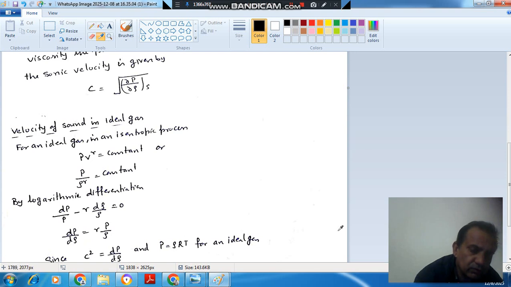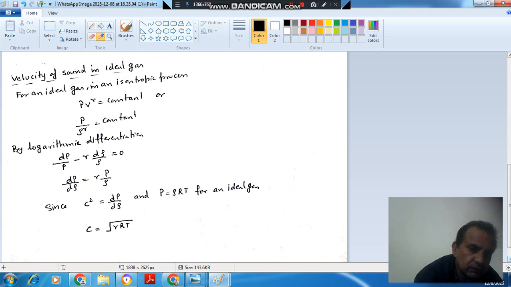Okay. So C square will be equal to dp by d rho, and dp by d rho is gamma p by rho. For an ideal gas, P is equal to rho RT, so rho cancels out and it will be gamma RT.